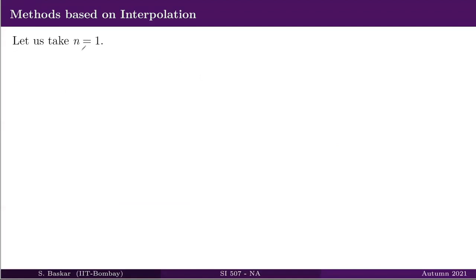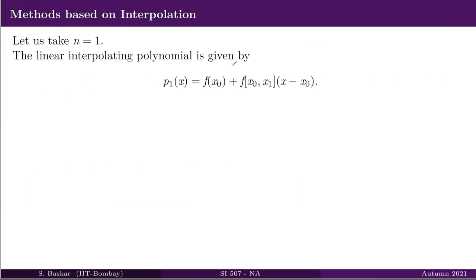Let us take n equal to 1, in which case we need two node points x0 and x1, and the interpolating polynomial may be written in the form f of x0 plus the first order divided difference of f at x0 and x1 times x minus x0. Recall, I'm just writing the polynomial p1 of x in Newton's form.